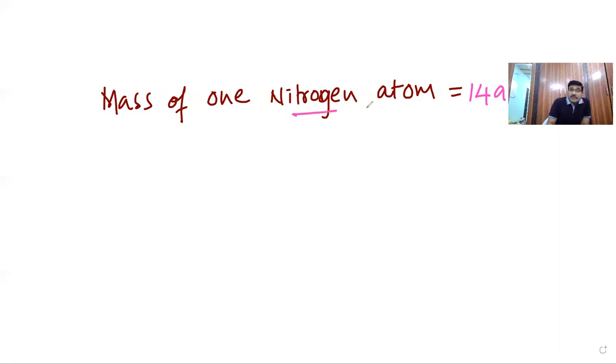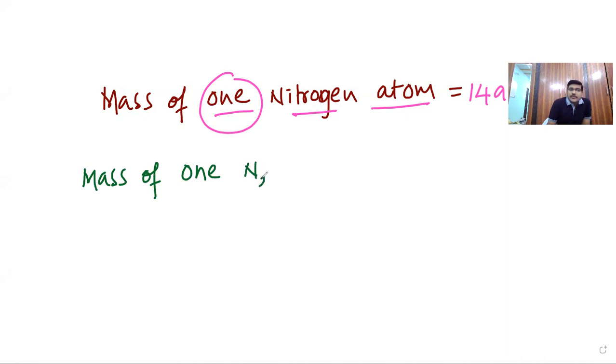Nitrogen atom, mass of 1 nitrogen atom is 14 AMU, atomic mass units. But we require the molecule. Mass of 1 N2 molecule, nitrogen molecule, consists of 2 times the mass of a nitrogen atom, because it is having 2 atoms.